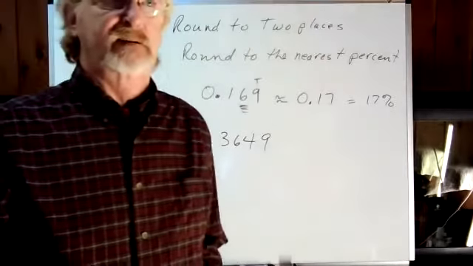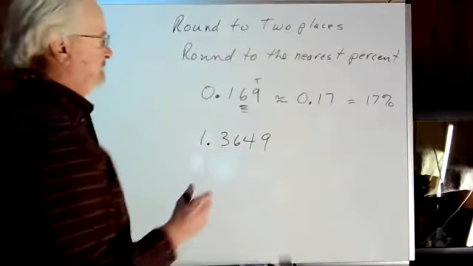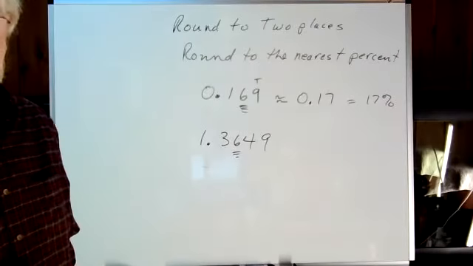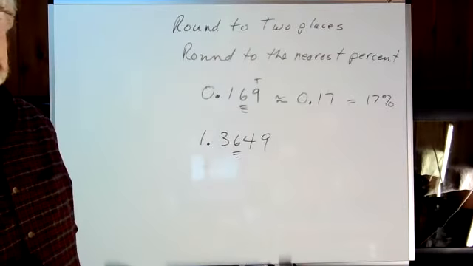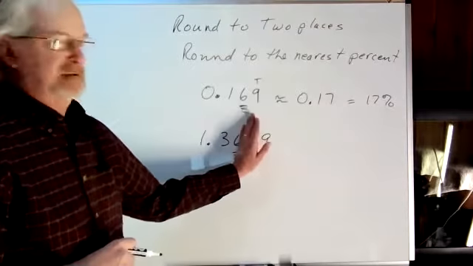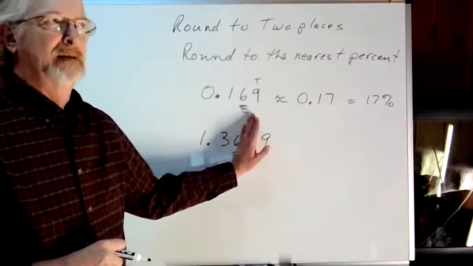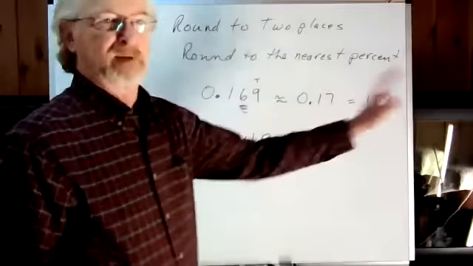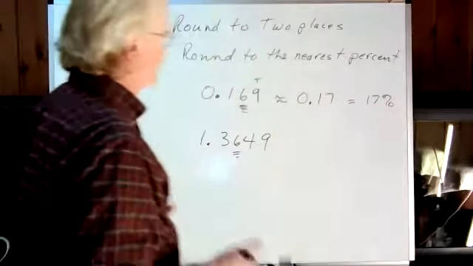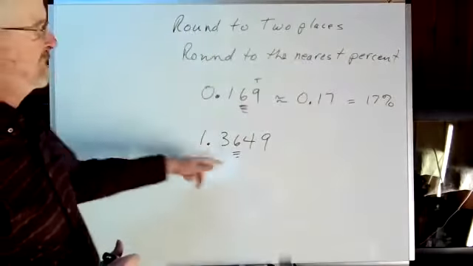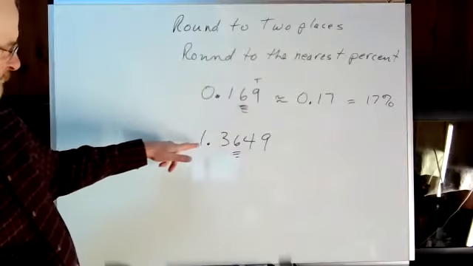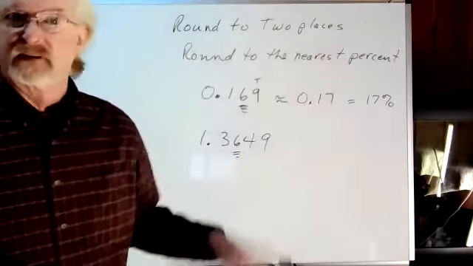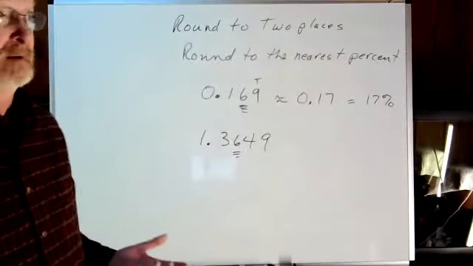If I'm going to round to the nearest percent, I really am going to round to the second decimal place. If we're rounding to the nearest whole percent, then we don't want decimal parts of our percent. If I just wanted to turn this into a percent, I'd move it over 2 places, and I'd get 136 and 49/100ths of a percent.